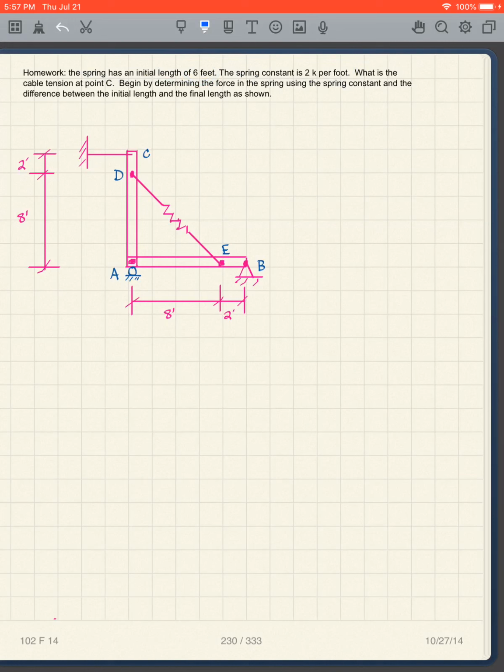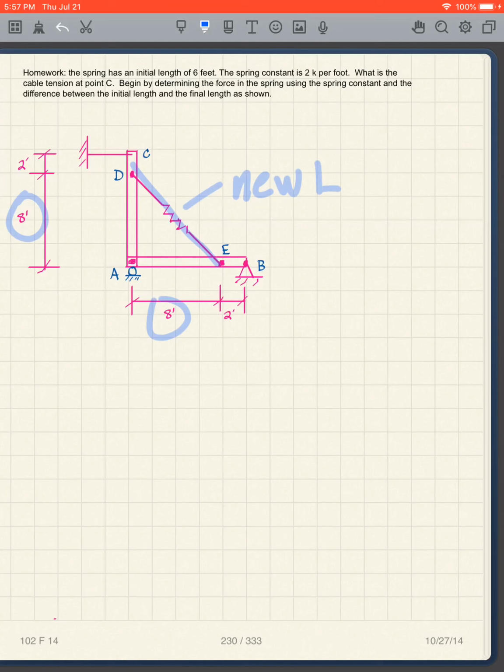I can look at the geometry here, and I can use the Pythagorean theorem with this right triangle to get the new length of the spring. And then what do I know?